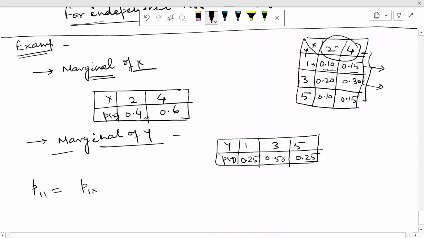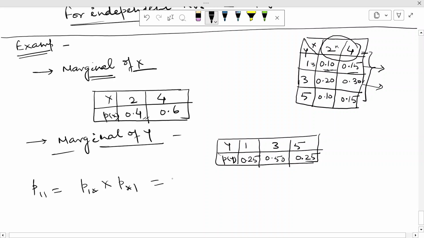First of all let us complete this. So this is P1* into P*1, which is simply the product of the probabilities corresponding to the first values of x and y.